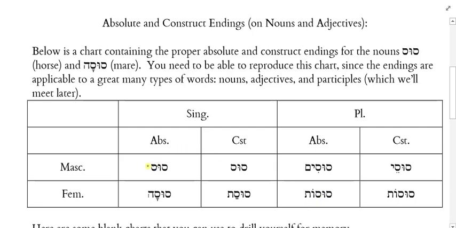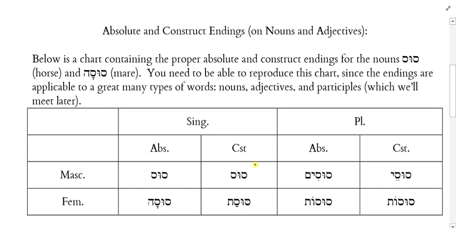Now, if I want to take the masculine singular form sus and make it construct, in other words, if I want to put it in an expression like sus David, the horse of David, then what happens to it?